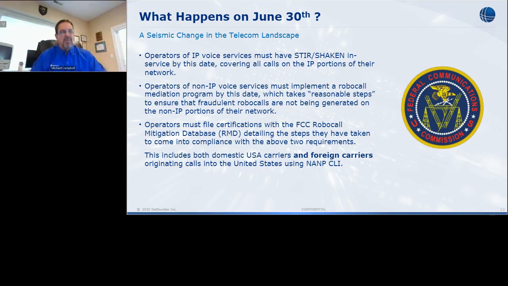Of course, as the deluge of robocalls has shown, that hasn't been too effective. So on this date, June 30th, all the IP portions of the network must be covered with STIR/SHAKEN, and the FCC has further said that all the non-IP portions, or fundamentally the TDM portions of the network that are not covered by STIR/SHAKEN, must be covered by some form of robocall mitigation program that takes reasonable steps.